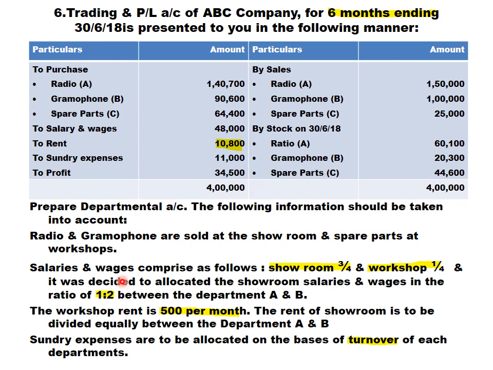First, calculate 3/4 salary for AB and 1/4 salary for C. Second, distribute the salary of AB in the ratio of 1:2. The workshop rent is 500 per month. That means 500 into 12. Sorry students, 500 into 6, because it is 6 months ending.